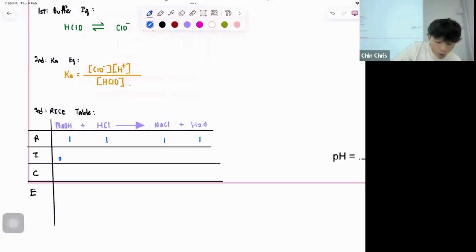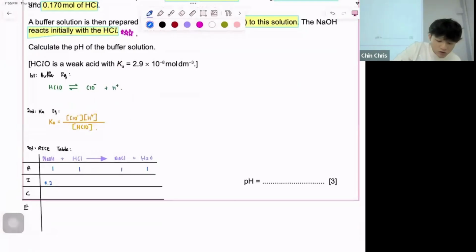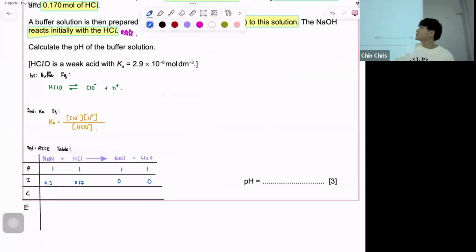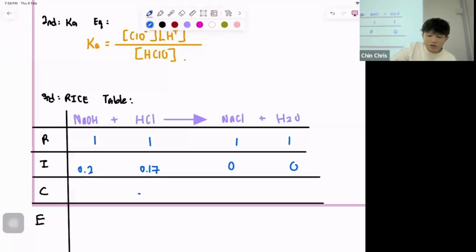Initially, 0.2 mole of NaOH is added into 0.17 mole of HCl. So your rise table always minuses off your limiting.